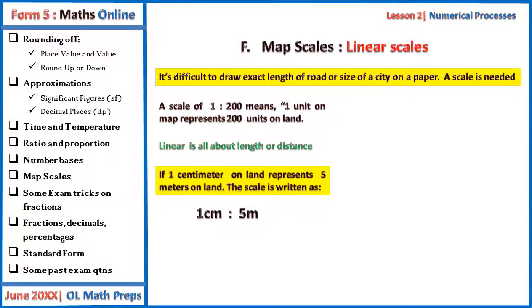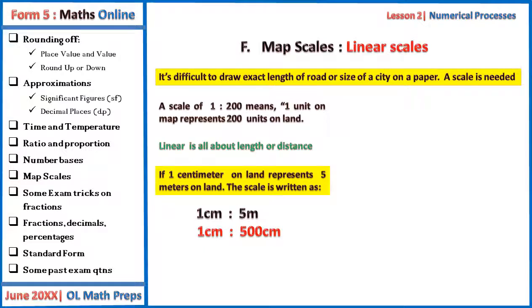If 1 centimeter on the map represents 5 meters on land, the scale will be written as 1 centimeter to 5 meters. But this scale has not been simplified because I am seeing centimeters and meters. So I have to actually simplify to make everything to be in either meters or centimeters. It will be good for me to make everything to be in the smaller units so that I can easily divide.